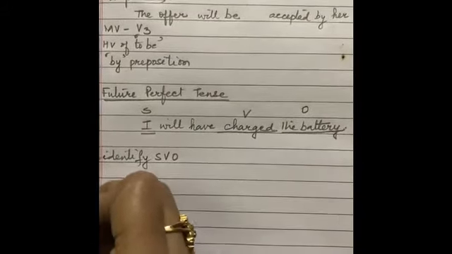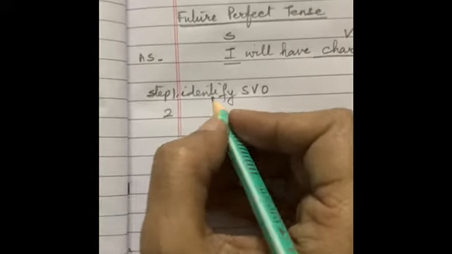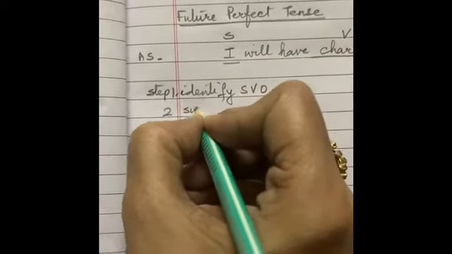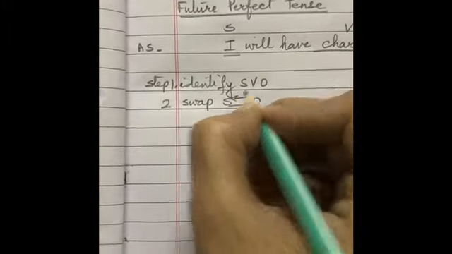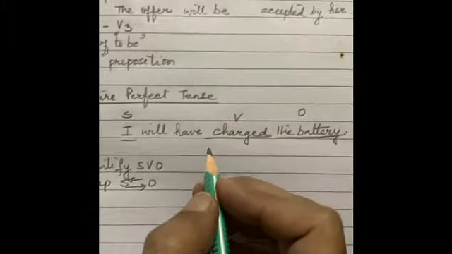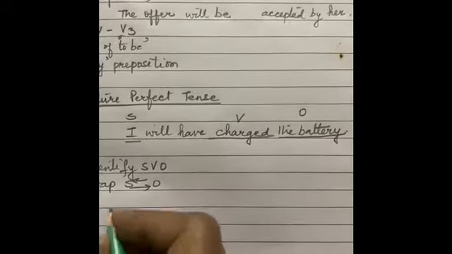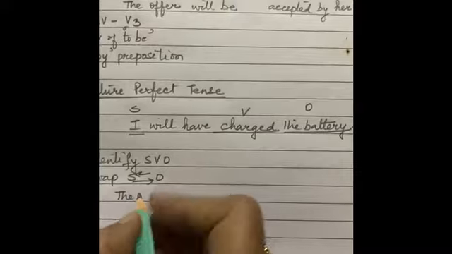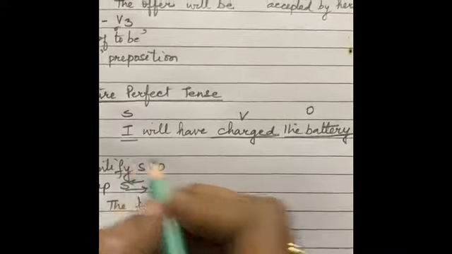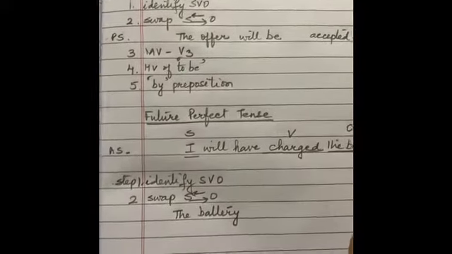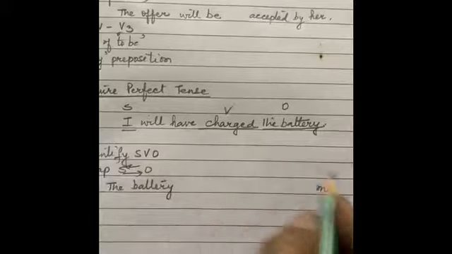Now according to step 2, let's swap the position of the subject and the object. Swap subject, object. Clear? So it will be what? The battery this side, the battery, and there what will be written? Me in the place of I. Clear?